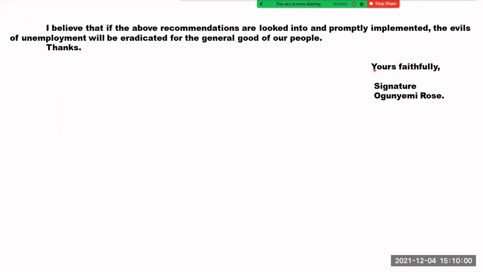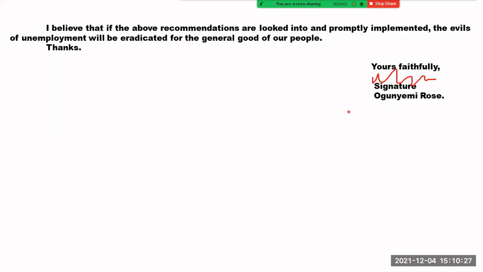Now, one thing you need to observe: yours should start with a capital letter Y, and faithfully should start with a small letter f, and then you put a comma after that. What comes next will be your signature. So if you are writing the exam and submitting a handwritten paper, of course you sign.